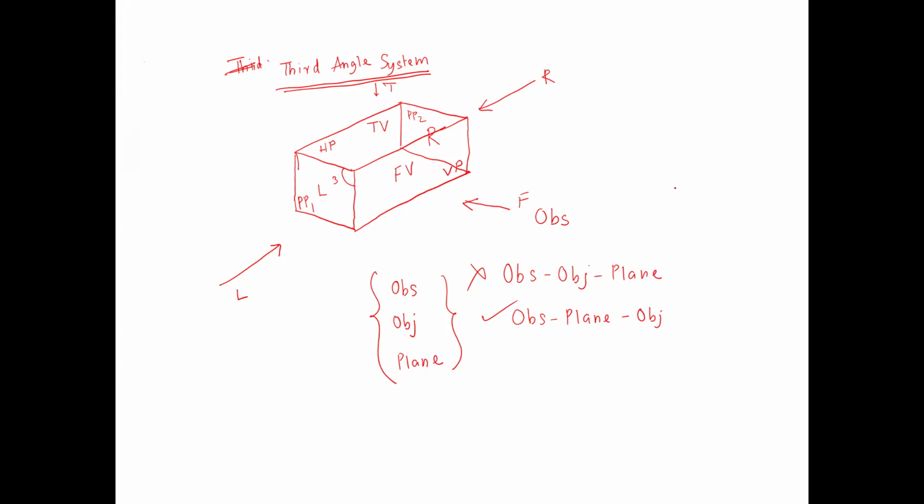Now one question might appear in your minds at this point. You may say that if the plane is coming between the observer and the object, then how is the observer able to see the object? This is a very logical question. The answer to that is, in the third angle system, we make an assumption that the planes of projection are transparent in nature.